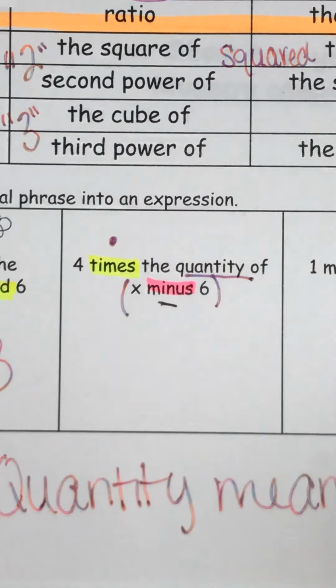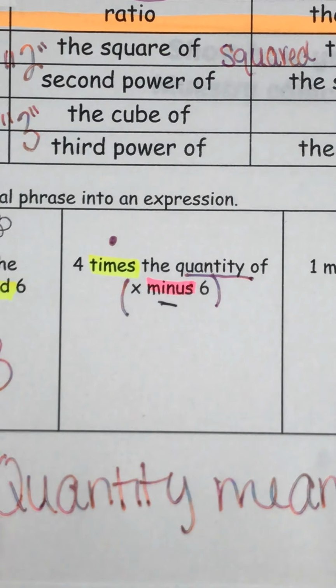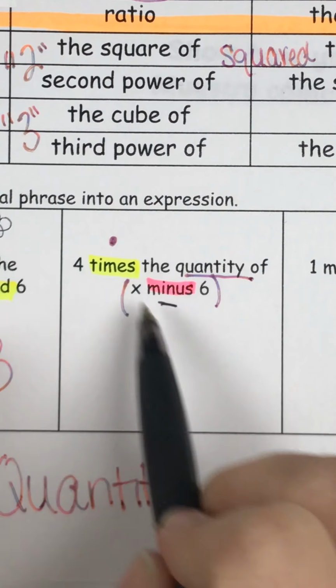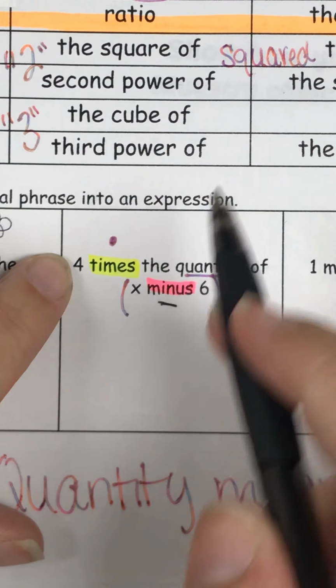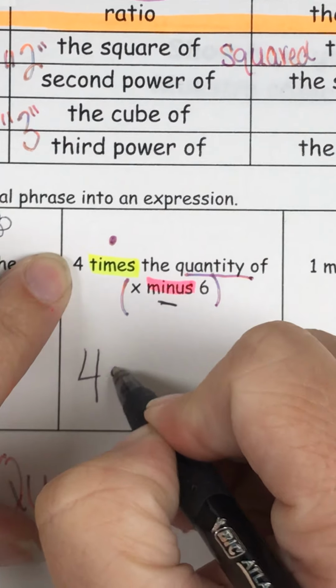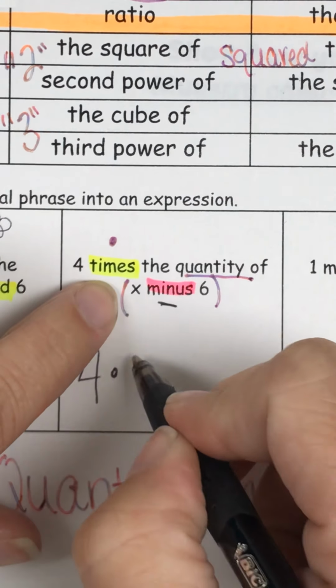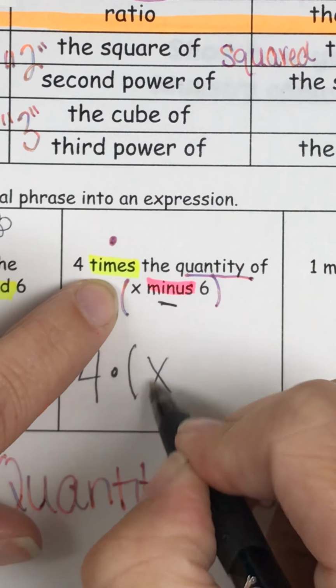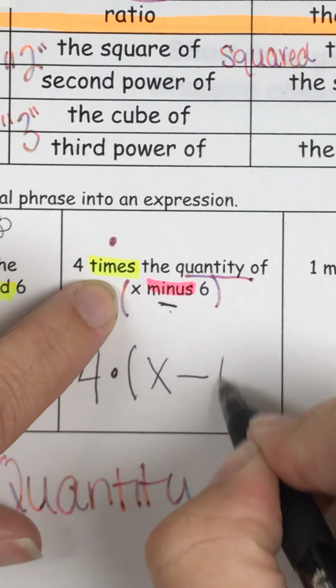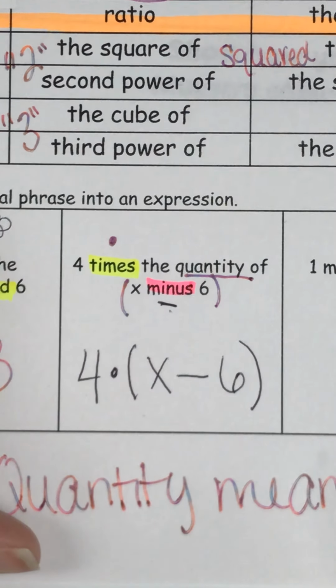I'm going to put a minus there so I can remind myself when I'm writing it. So as I reread it, I've already got all of my symbols everywhere I need it to be. 4 times the quantity of, oh, there's my parenthesis, x, and minus means to subtract, 6, and I close my parenthesis.